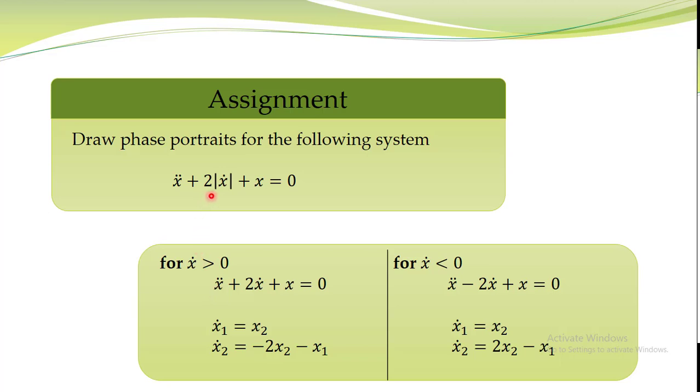However, if some nonlinearity is there, for example, here we have x squared term, that x squared term will appear over here, and in that case, equation of an isocline will not be a straight line, and then you will have more complex situation. However, for those complex systems, we shall always be using MATLAB to obtain phase portraits.